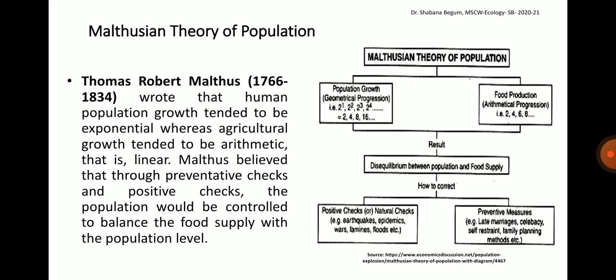He wrote that human population growth tended to be exponential, whereas agricultural growth tended to be arithmetic, that is linear. Malthus believed that through preventive checks and positive checks, the population would be controlled to balance the food supply with the population level. The schematic representation of the theory proposed by Malthus is depicted in this figure. Please go through it a little later.